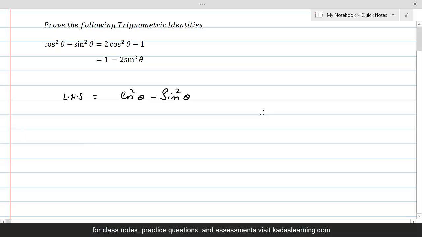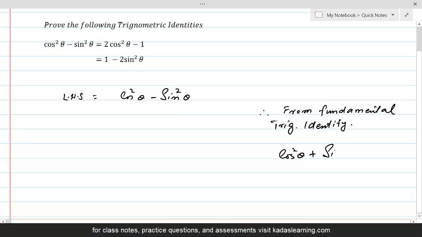know from the fundamental trigonometric identity. What was that fundamental trigonometric identity? That was cos square theta plus sin square theta equal to 1.